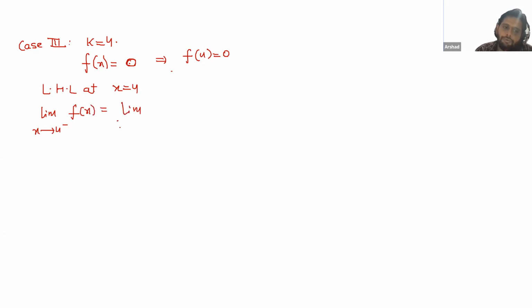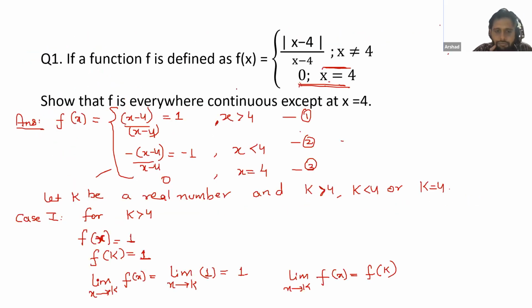Atif, can you tell me, from the first, second and third function, while finding the LHL which function we will use? First one. Nabil Ahmed, can you tell me which function we will use for the LHL? Second one, sir. Second one, very good.